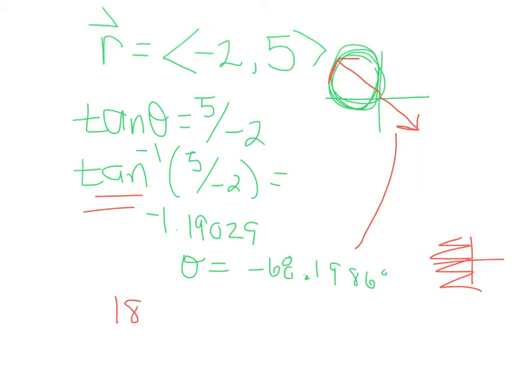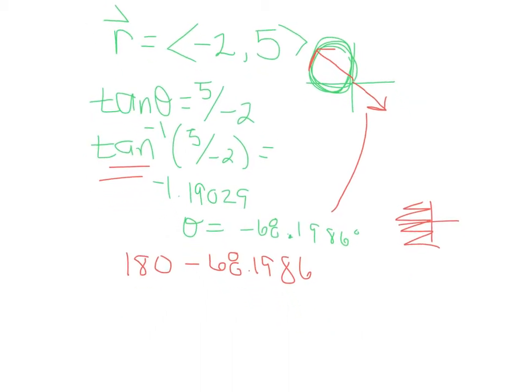So really what you're going to do is 180 minus your 68.1986. And that's going to get you your answer to make sure that it's in the proper quadrant. So your theta in the second quadrant is 111.801 degrees.